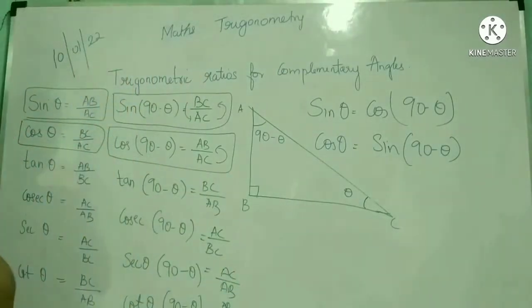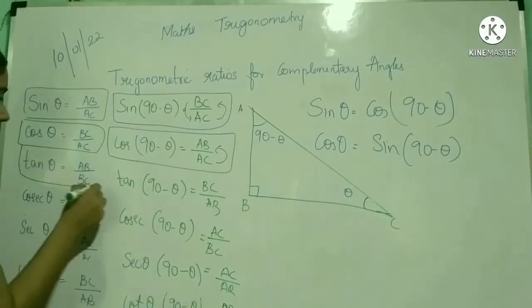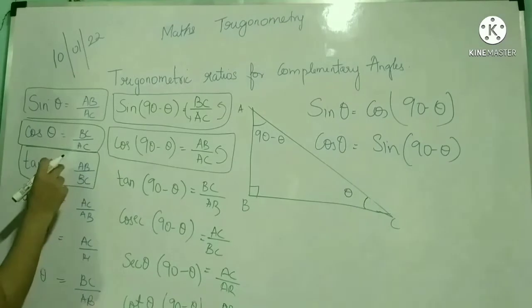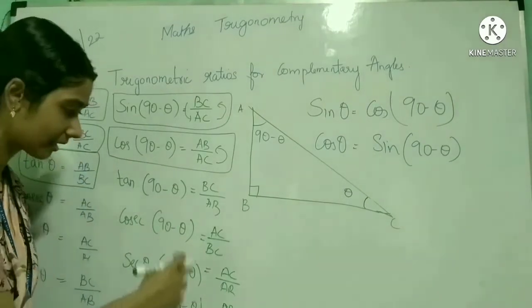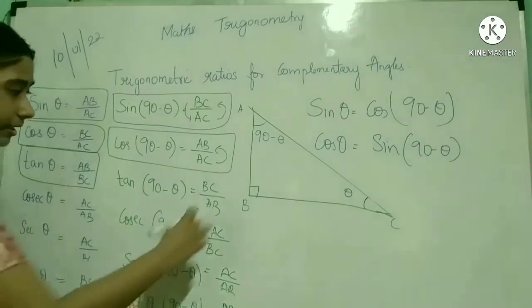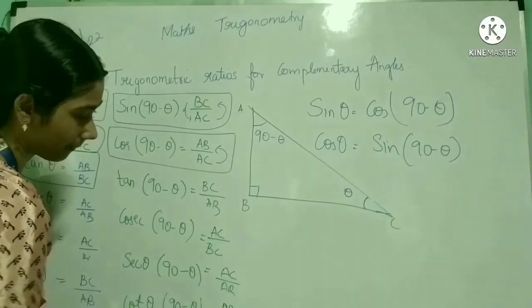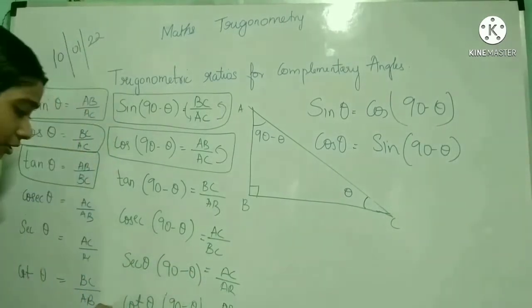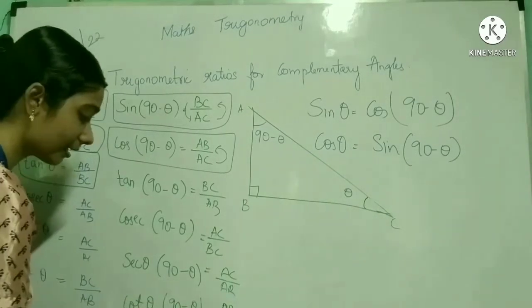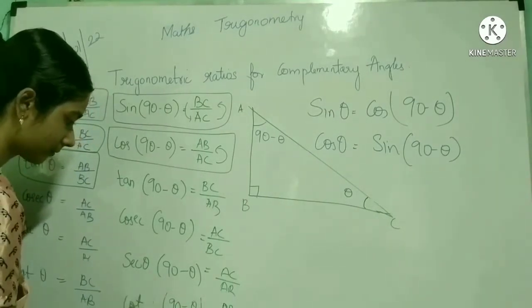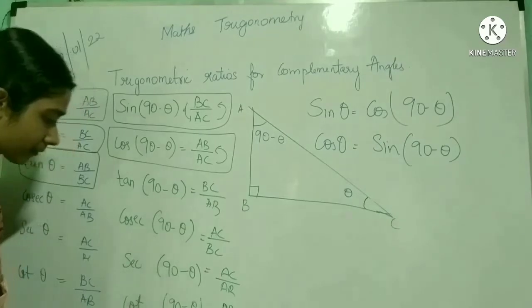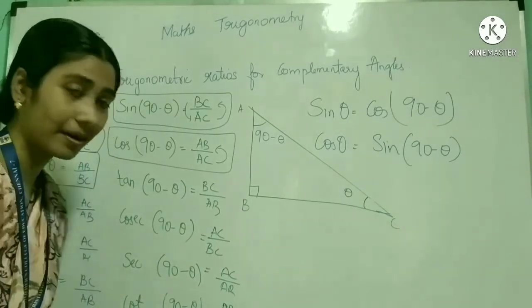Now what else? Tan theta. Tan theta is equal to AB by BC. Is AB by BC there for anything else? Is it there for this one? No. For this one? No, this is AC by AB. AB by BC is there, so what is the value? What is cot 90 minus theta?